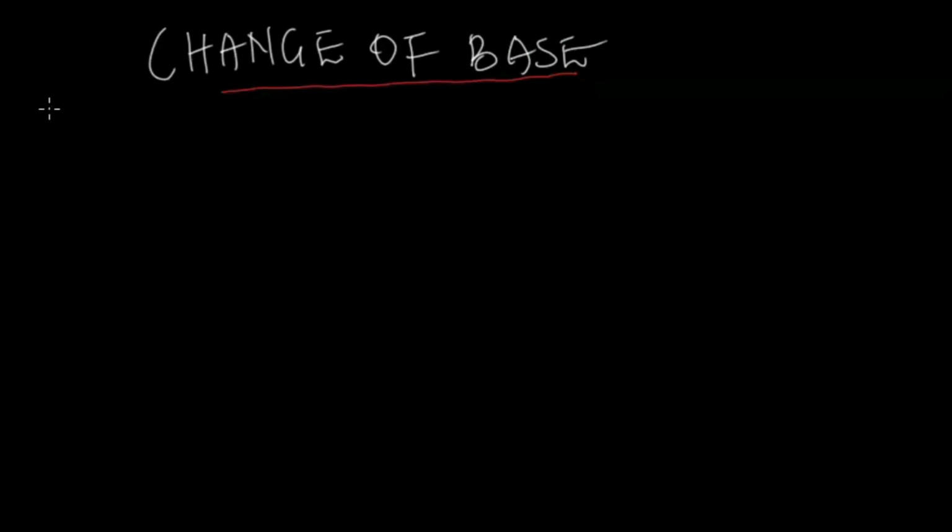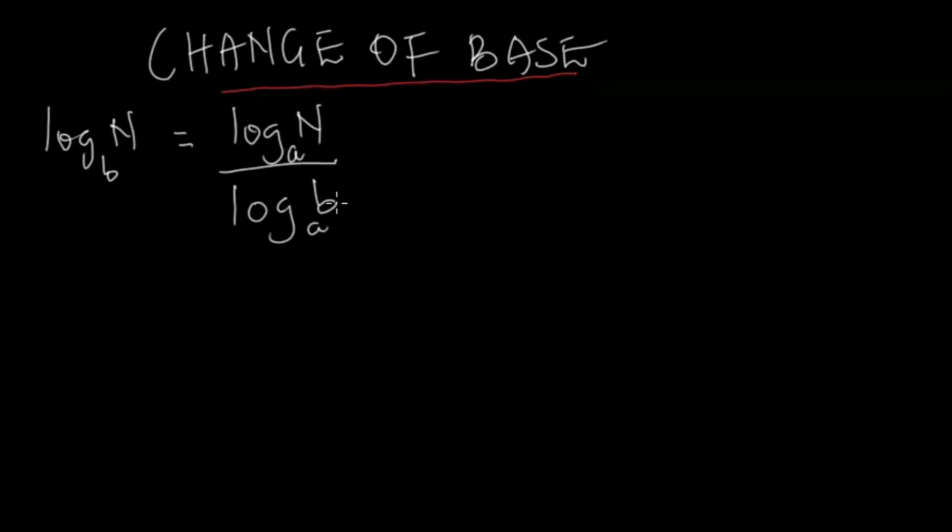The law says that if we have the log of a number n to a base b, it will be equal to the log of n to another base a all over the log of b to another base a.